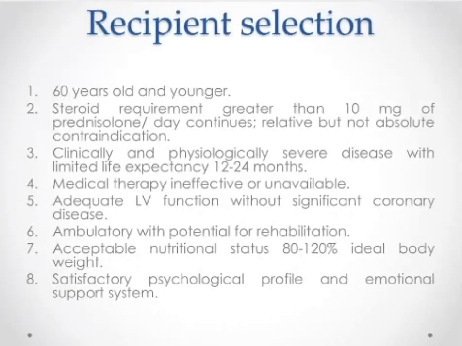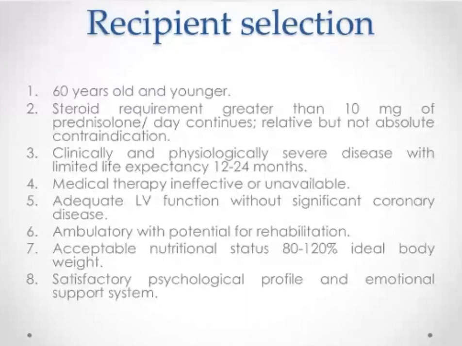Always preferable to do it for the young, below 60. When it needs steroid treatment greater than 10 gram of prednisolone per day and continuous, not milligram, it is a relative but not an absolute contraindication.